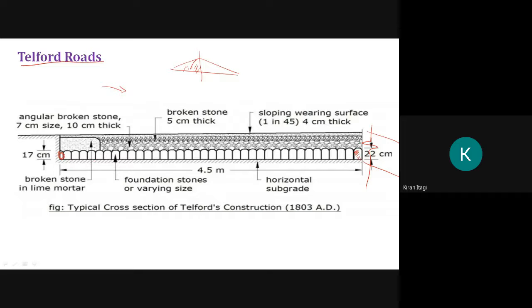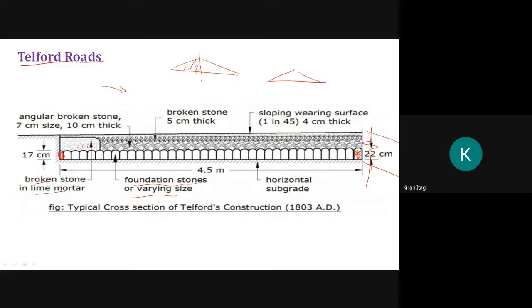To provide the slope, they placed the smaller stones at the end and larger stones at the middle, such that the slope is automatically formed. And they used broken stone with lime mortar for binding.